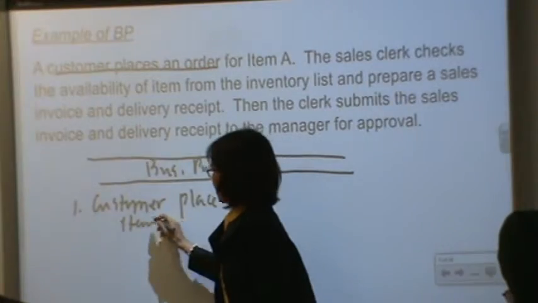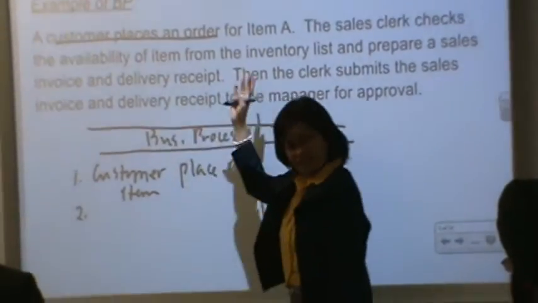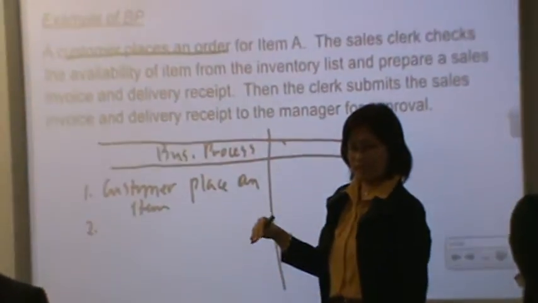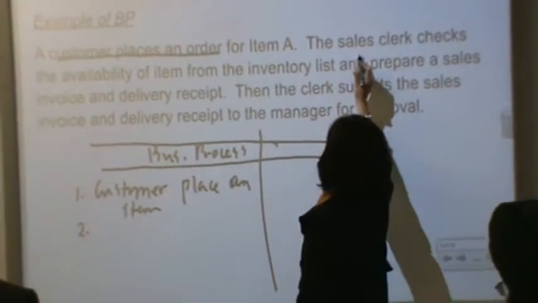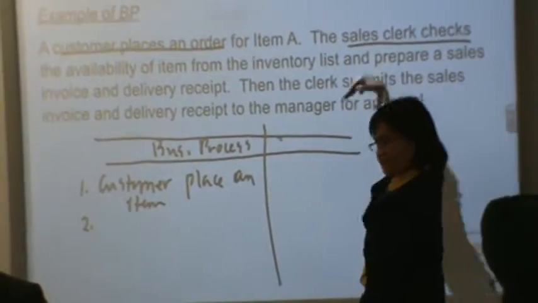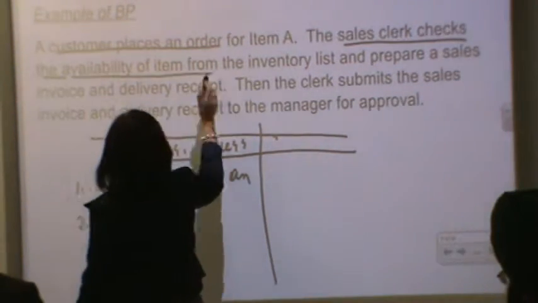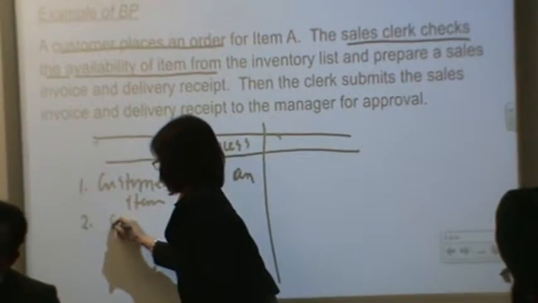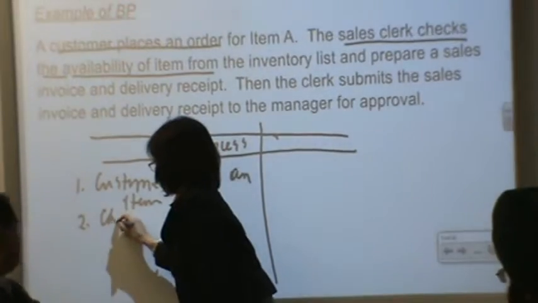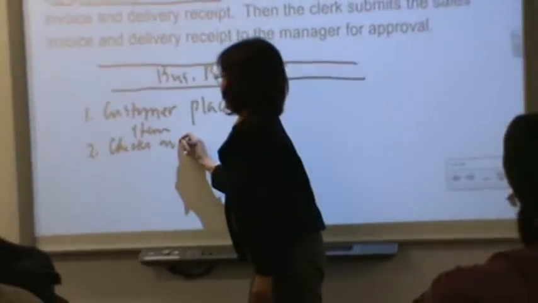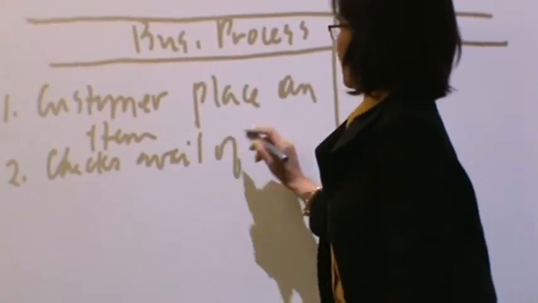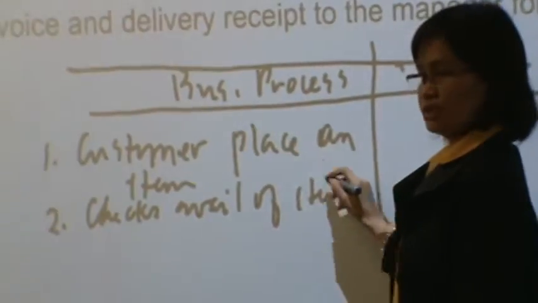Then the next step is that the sales clerk checks the order list against the inventory list. This is the next activity. Can you follow? Okay. So check the availability. The second step is the sales clerk checks availability of the item from the inventory list.